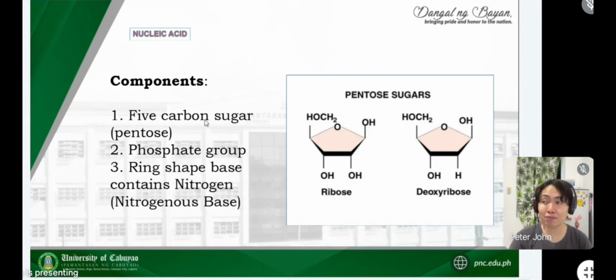Kaya nga, hybrid siya, sabi ko sa inyo. Then, we have the phosphate group, which is the presence of phosphorus, and a ring shape base of nitrogen or nitrogenous bases. Kung tatandaan nyo sa junior high school, ito yung mga tinuturo sa inyo, probably grade 9 or grade 10. So, tatandaan nyo ha, si nucleic acid may tatlong components: the 5-carbon sugar, the phosphate group, and the ring shape.